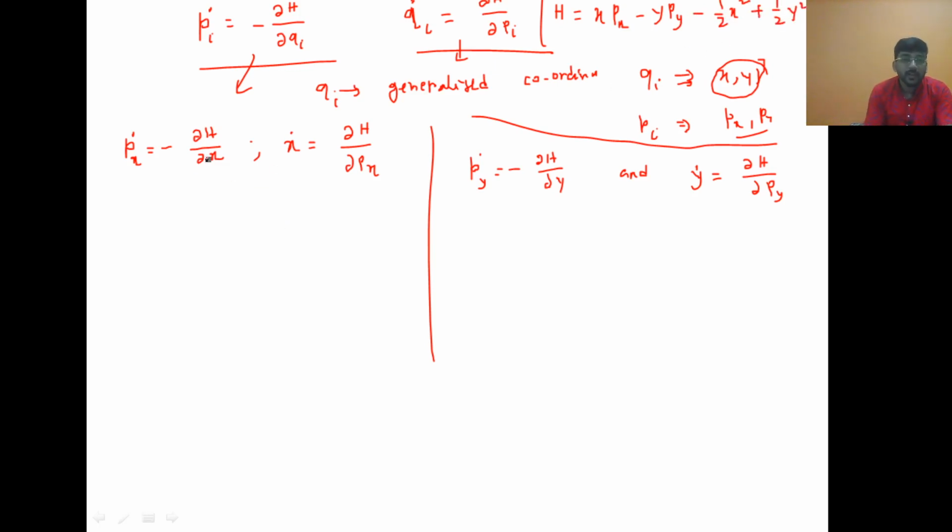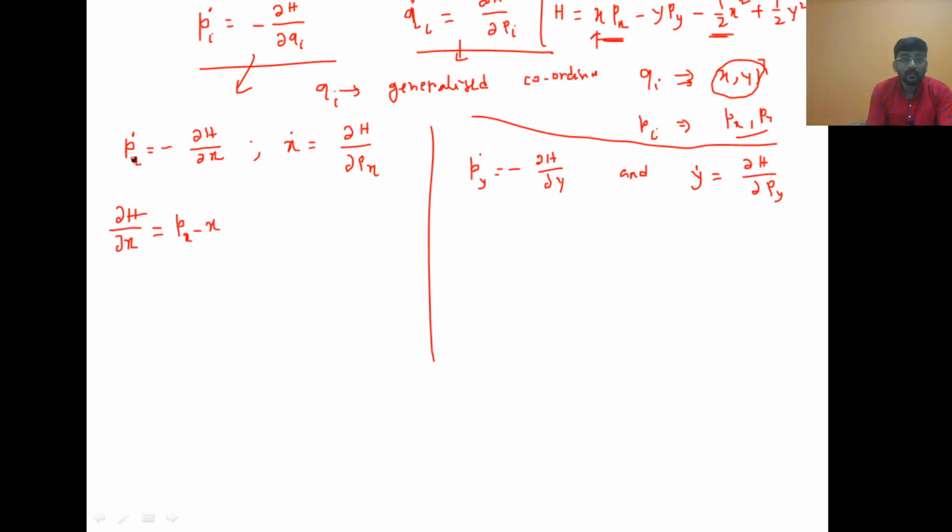So let me first find del H over del x. From this expression, del H over del x will be px, and from minus half x square, the derivative is 2x, so the 2s cancel and we get x. So it will be px minus x.